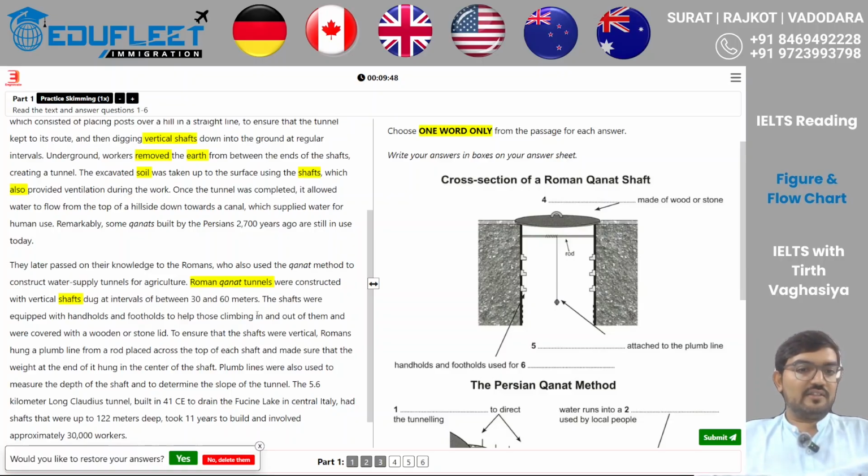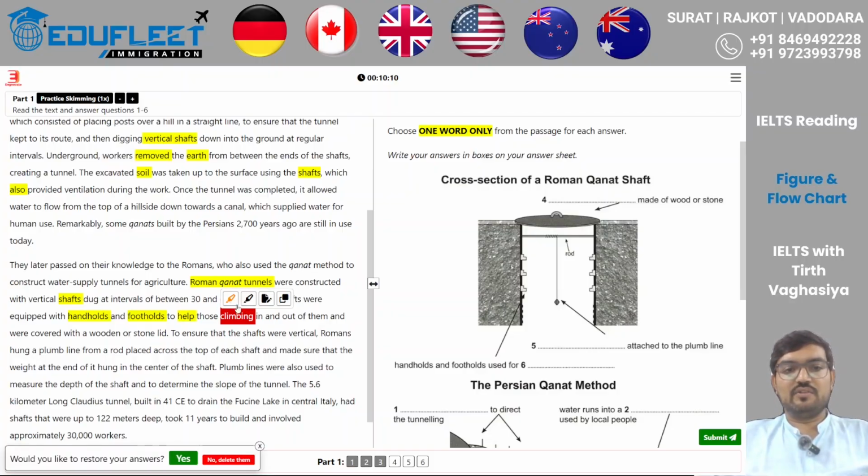So let's look at this. So Roman canal is this, we have got it. Now let's try to read it line by line. The shafts were equipped with handholds and footholds to help those climbing in and out of them. Now they are used to help for climbing purpose.